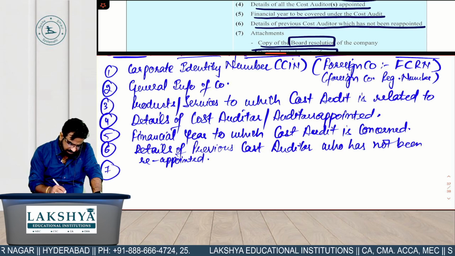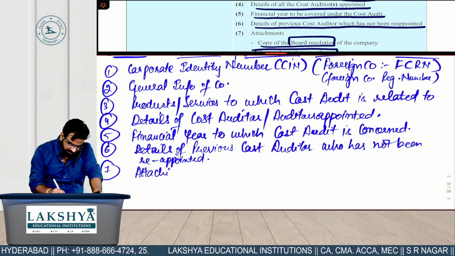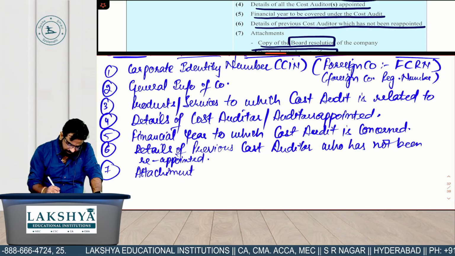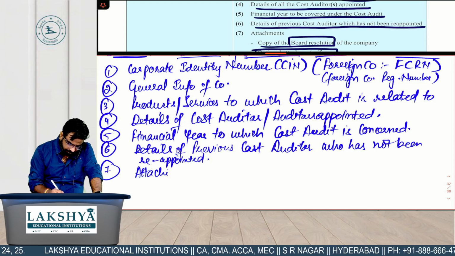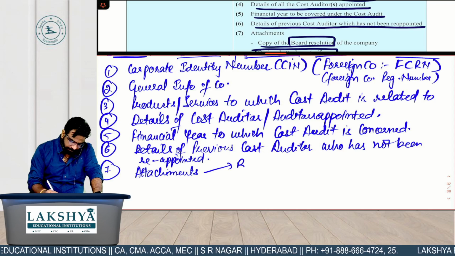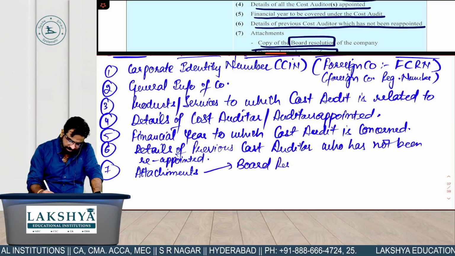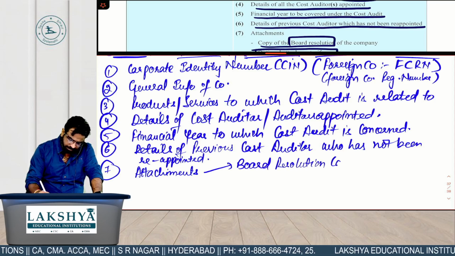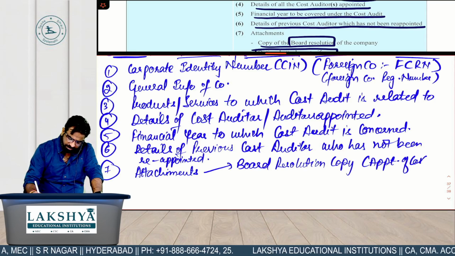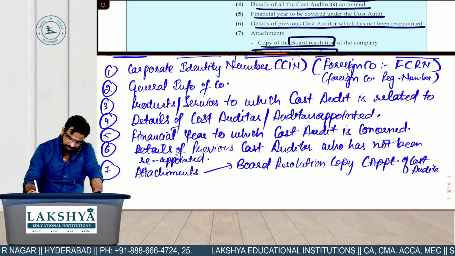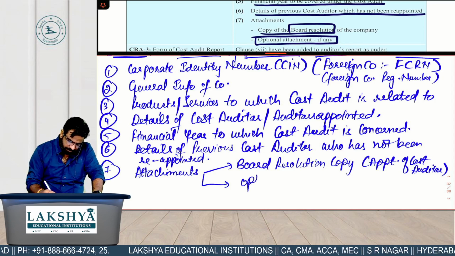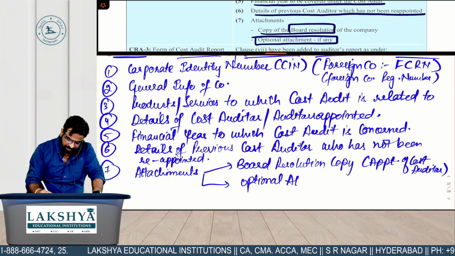And last one, attachments. We have to attach BR copy. Attachments: board resolution copy, that is appointment of cost auditor, and any other documents, optional attachments.